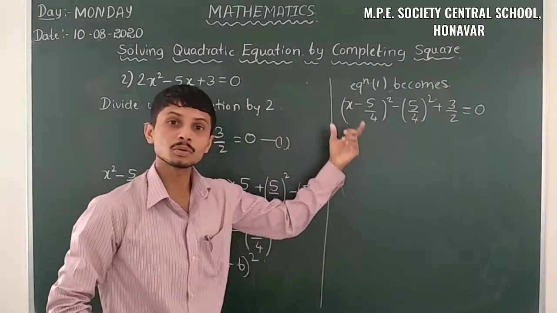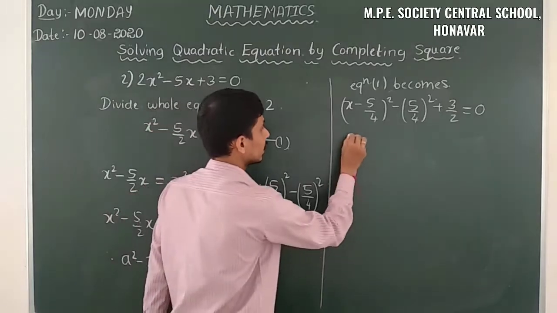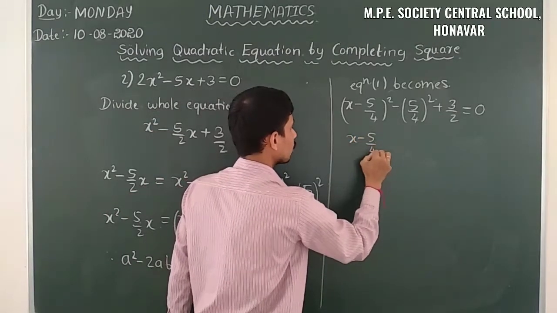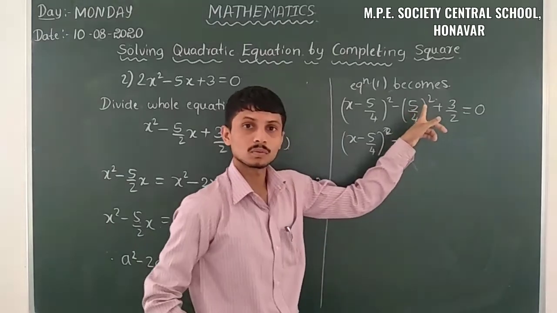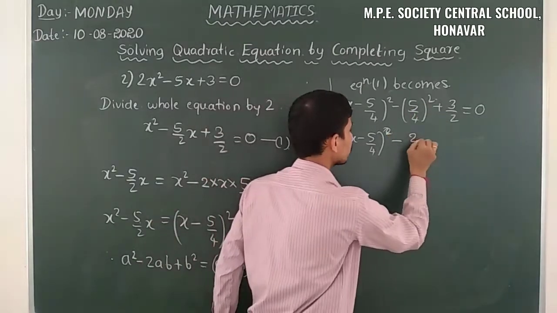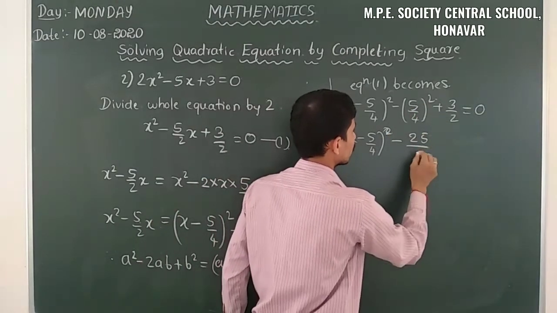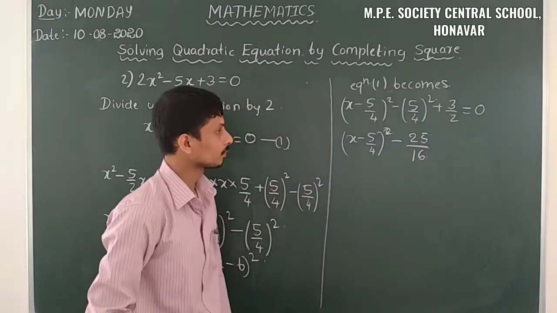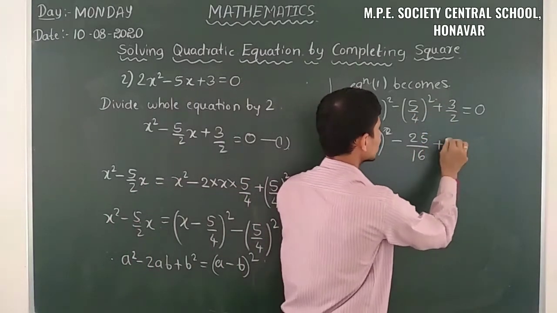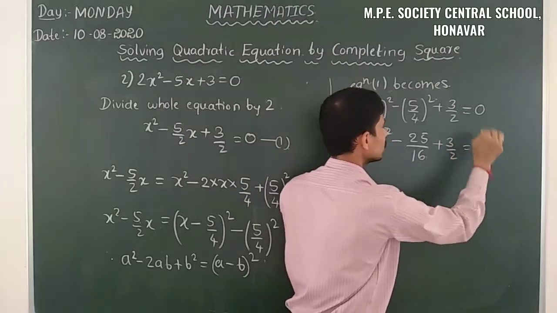Then we have to simplify that. That is x minus 5 by 4 whole square minus, here 5 by 4 whole square means it's 25 by 16, plus 3 by 2 is equal to 0.